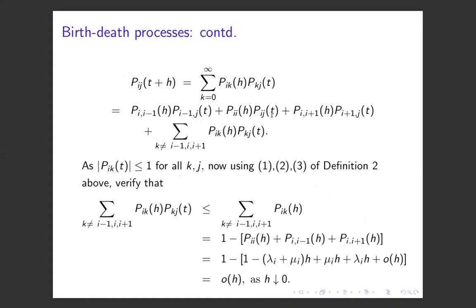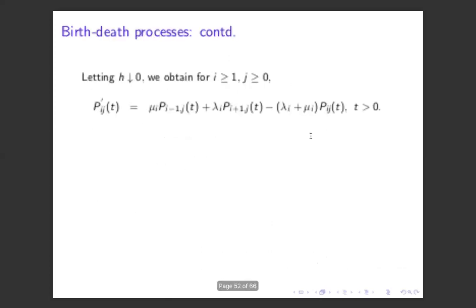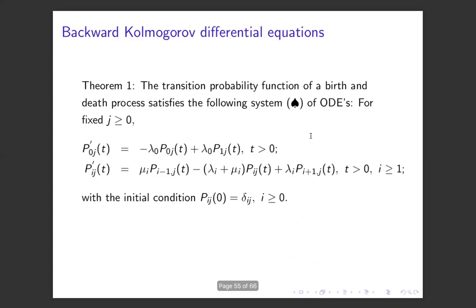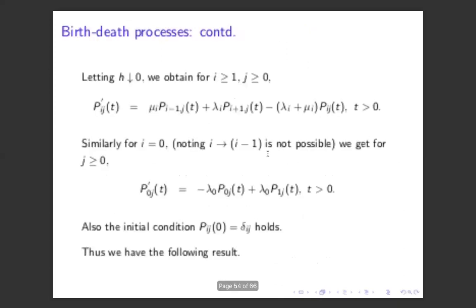Similarly, j remains the same for these things, which we have got using the hypothesis, the postulates of the birth and death process. Yes, j is kept fixed, so i can vary in the argument. For a fixed j, when i equals 0, it has this. That is the second equation we have.